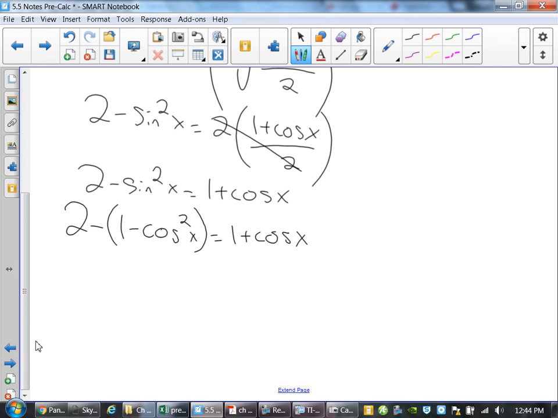Distribute your negatives, then set it equal to 0. 2 minus 1 is 1, so I get cosine squared minus cosine.